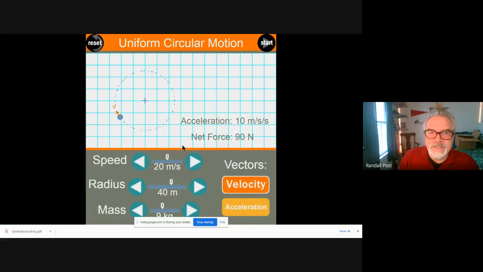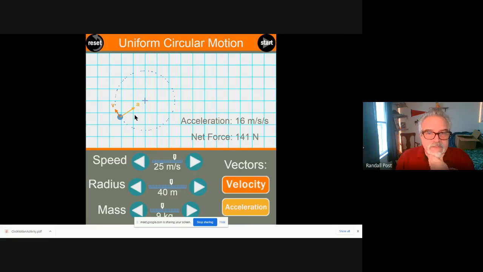What about acceleration? Well, recall that whenever we put a force on something, it's going to accelerate in that same direction. Newton's second law. Net forces cause accelerations, and they're always in the same direction. So here is the acceleration into the center as well, because that's where the force is pulling into the center.